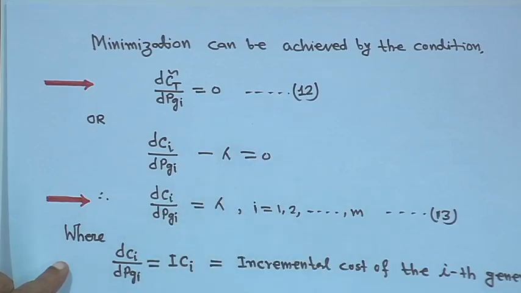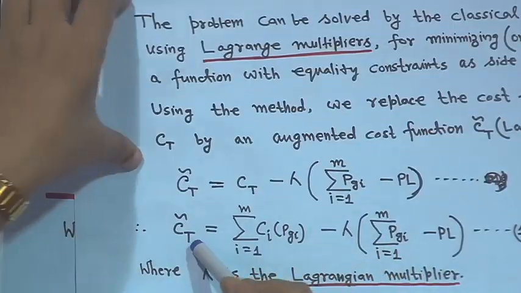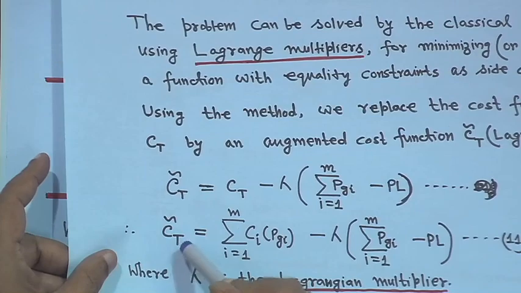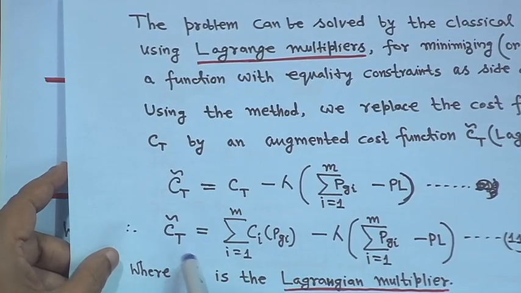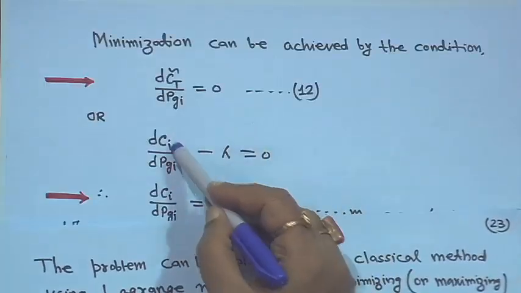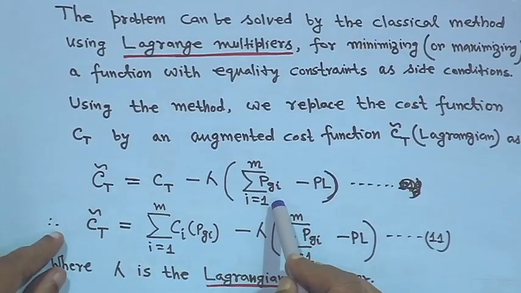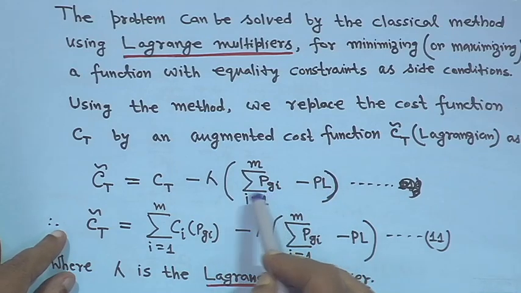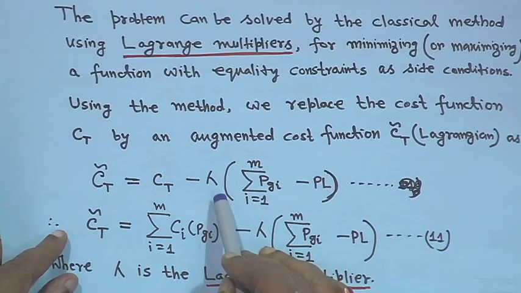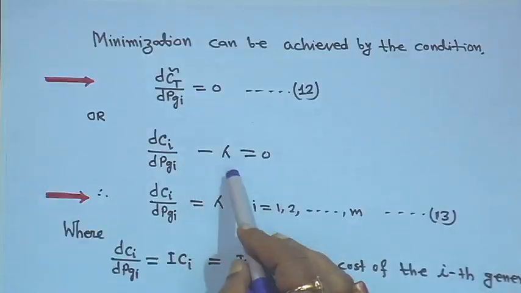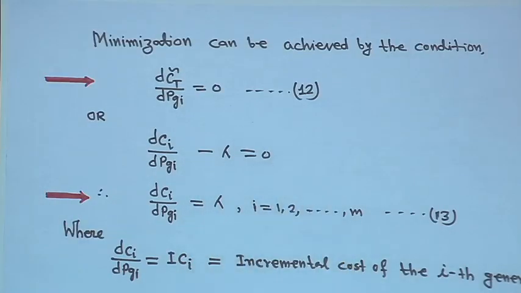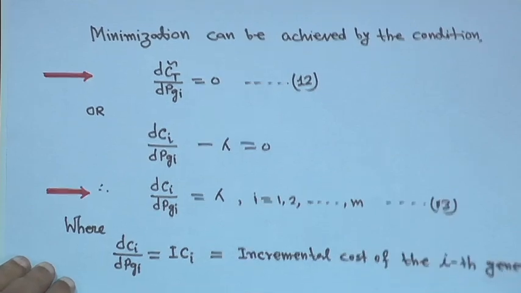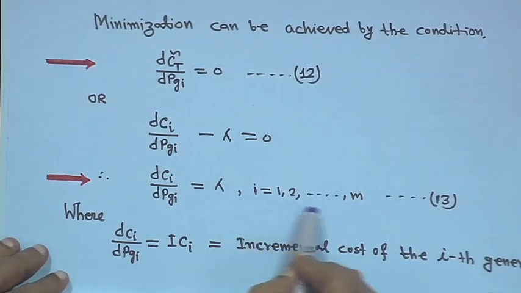If you take the derivative of C t with respect to P G i, it will be d C i by d P G i, and the other term is a constant; taking the derivative with respect to the ith one, it will be minus lambda into 1. So, minus lambda is equal to 0. That means d C i by d P G i equals lambda for i equal to 1 to m.